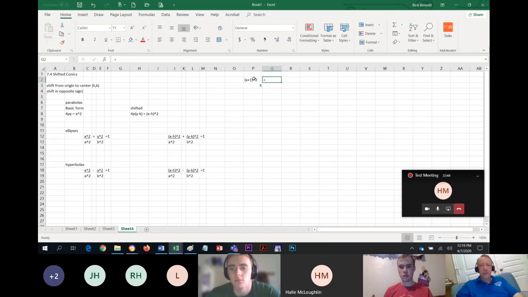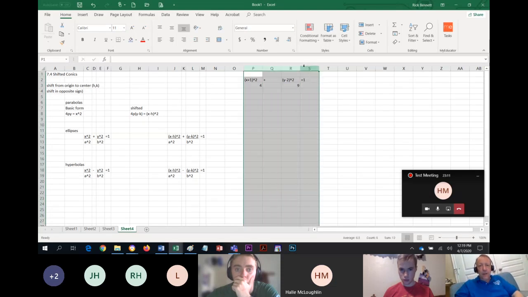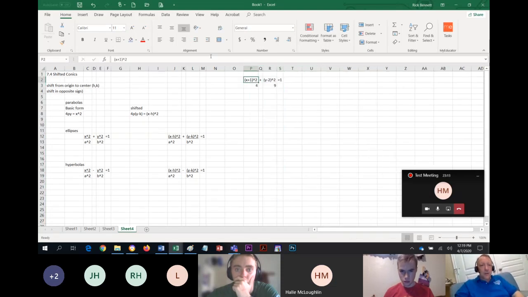Oh heck, we'll do this one instead: x plus 1 quantity squared over 4 plus y minus 2 quantity squared over 9 equals 1. We'll underline that, and we'll center those so they look a little better.